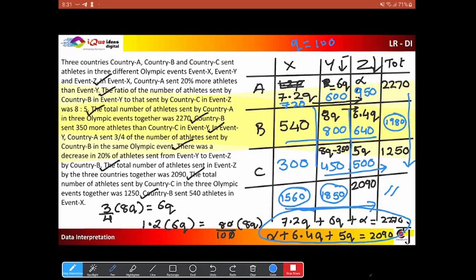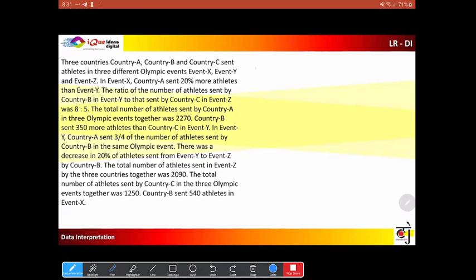7.2Q plus 6Q, 13.2Q plus alpha. So 13.2Q plus alpha was equal to 2270, and the other equation was 9.4Q plus alpha. 6.4, I don't know, you have to tell me. 9.4 or 6.4? One second.